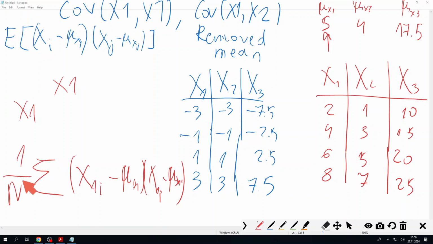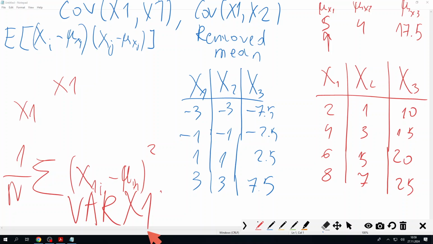This is the plain formula of variance because these brackets and these brackets are the same, and hence you can write it as a square, which is the variance of x1. Now, if you take x1 and x2, they are not the same, so instead of calculating variance, you will calculate covariance between x1 and x2, and it's calculated just like that.